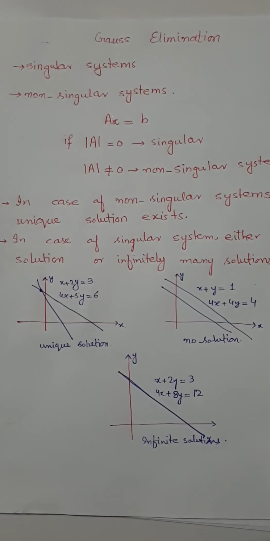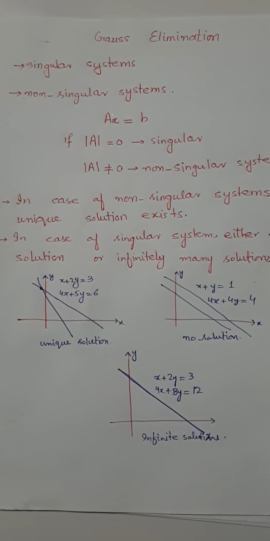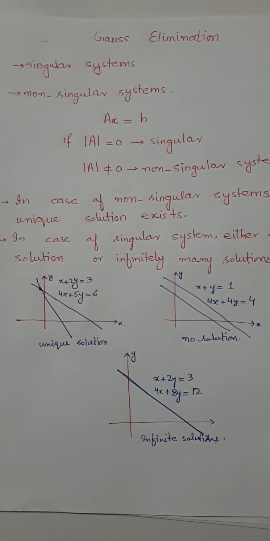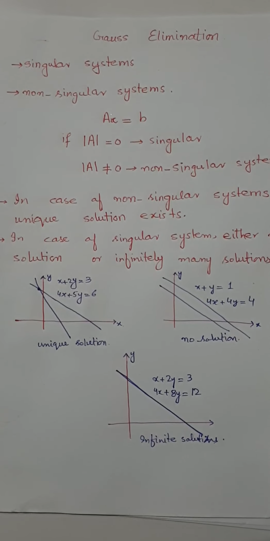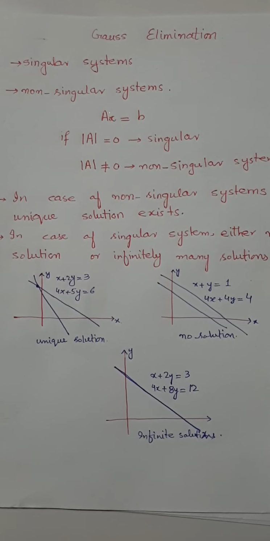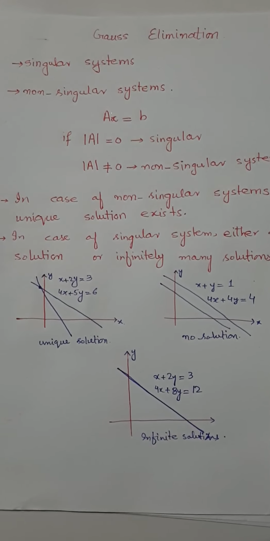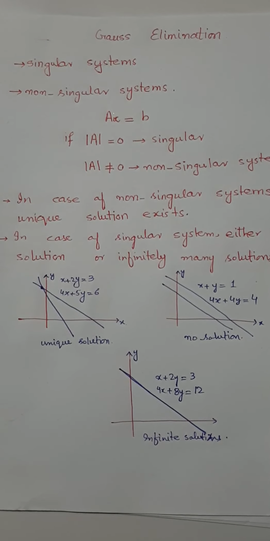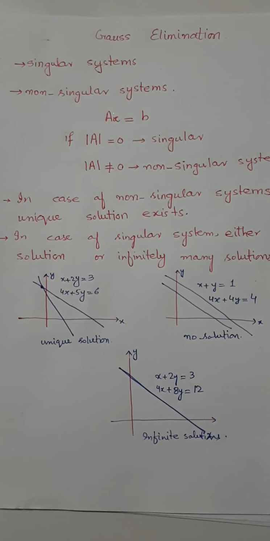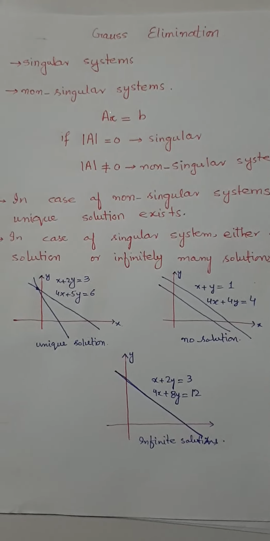The second case is x + y = 1 and x + 4y = 4, meaning two parallel lines are given that never intersect at any point, and in this case no solution exists. In the third case, the two lines lie totally on each other and coincide at every point, so in this case an infinite number of solutions exist.